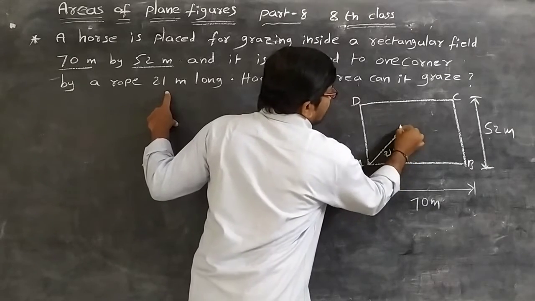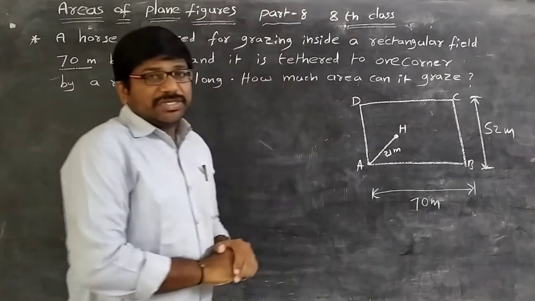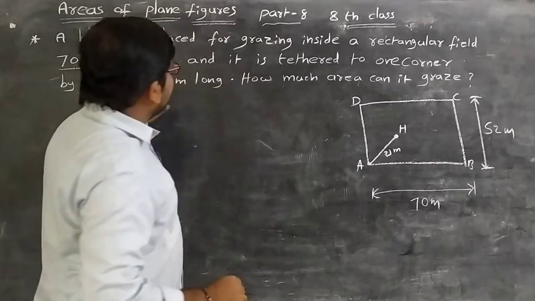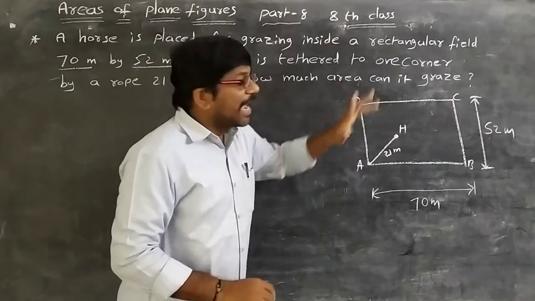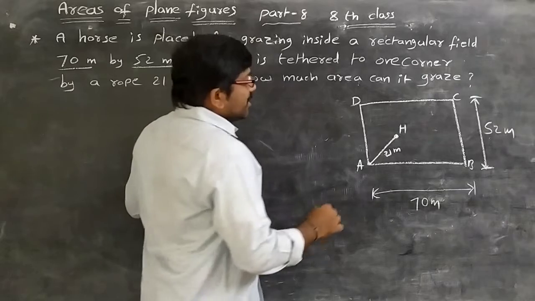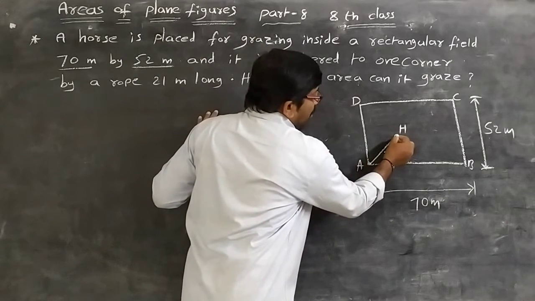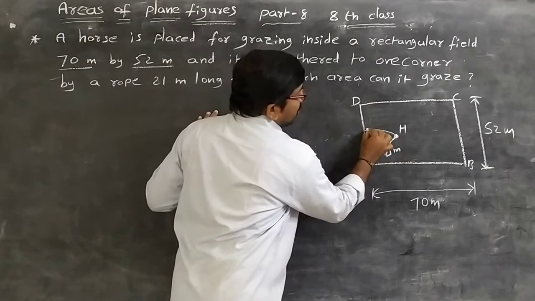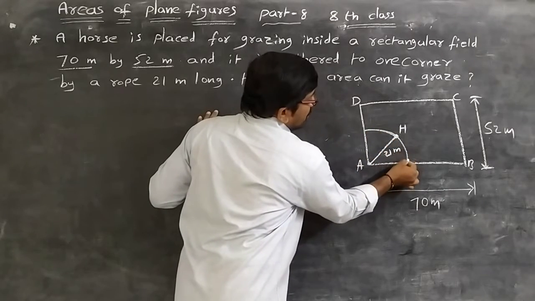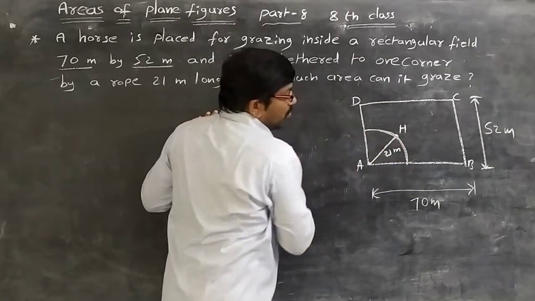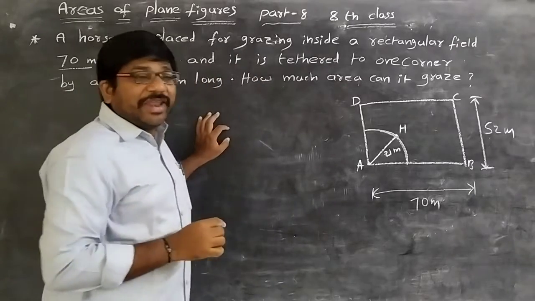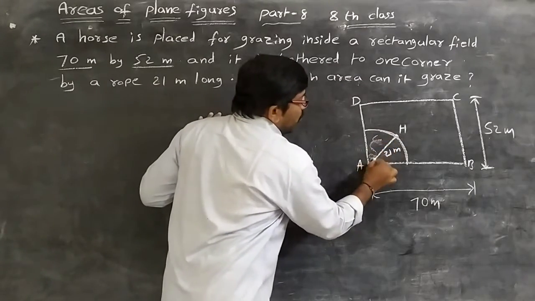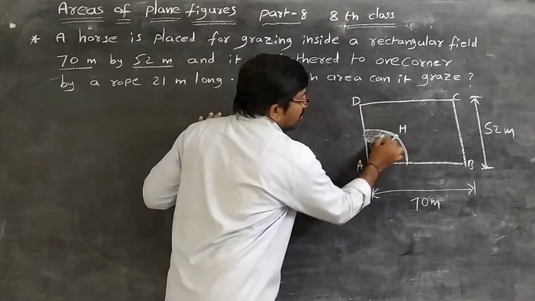This is the horse. So the question is, how much area can it graze? The area covered by the horse is like this. The horse can graze this area only.